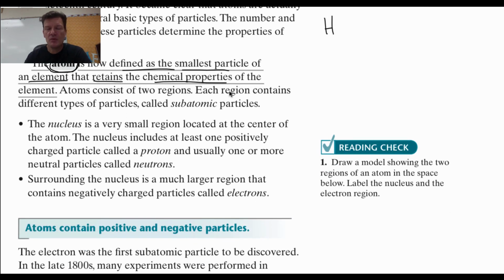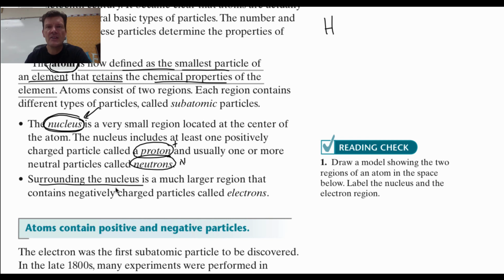The atom is composed of, we kind of divide it into 2 sections here. You have the very dense nucleus, kind of in the center of the atom, and then you've got the surrounding area around that. Inside the nucleus, you need to know that you've got your protons, which are positively charged, and your neutrons, which are neutral.